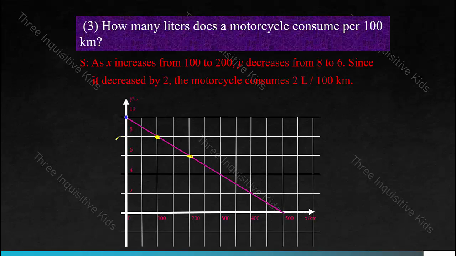Y decreases from 8 to 6, so from 8 to 6. Since y decreased by 2 as x increased by 100, we know the motorcycle consumes 2 liters every 100 kilometers.